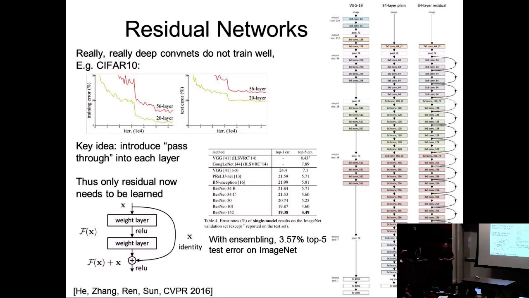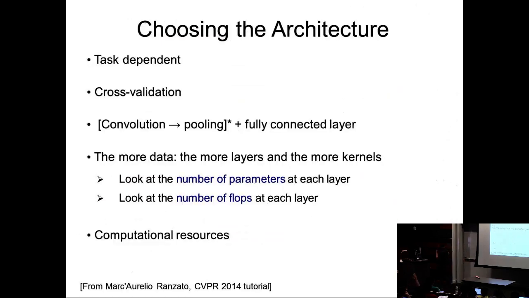So these features are very distributed, high dimensional, and capture a lot of different variability. So keep that in mind. Okay, so choosing architecture. Well, the architecture itself is task dependent, so there isn't one.